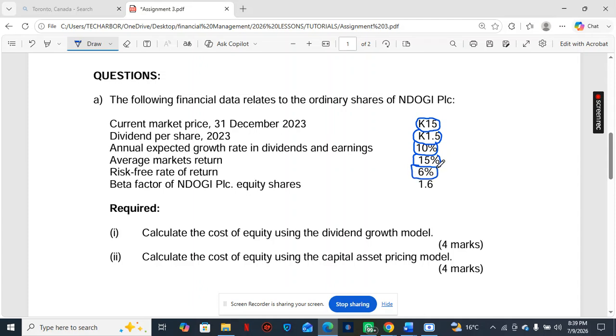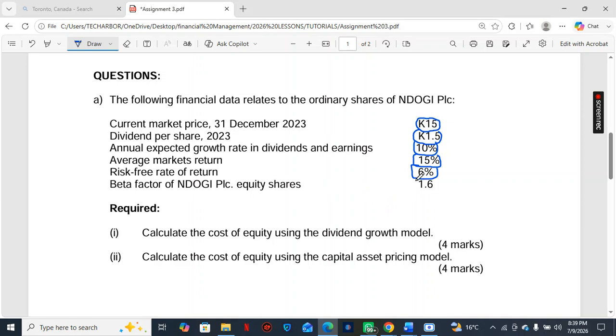This is the interest rate that is attached to government securities. Government theoretically will always pay you. They won't fail to pay you. So if you invest in government securities, there's low risk, or there's no risk at all. That's why we're saying risk-free rate.